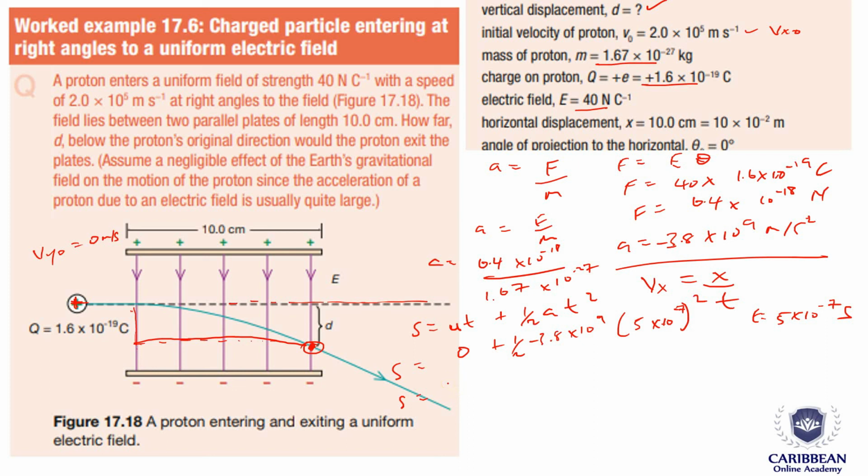Let me just try it again for ourselves. 0.5 times 3.8 e to the 9, times 5 e to the minus 7 squared.